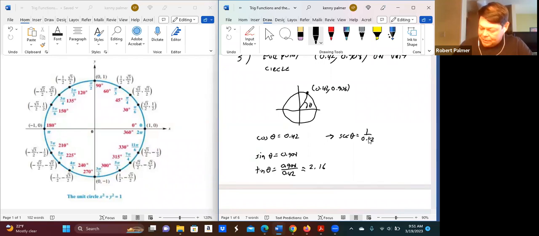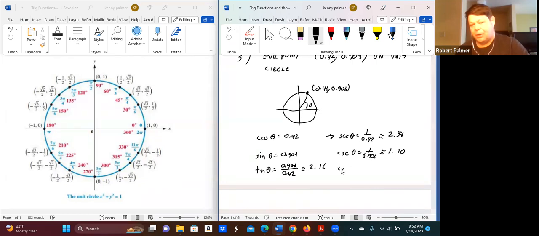Let's find that. And that's approximately, in 2 decimal places, 2.38. Cosecant of theta is then 1 over 0.908. Let's do that. And that's approximately 1.10.